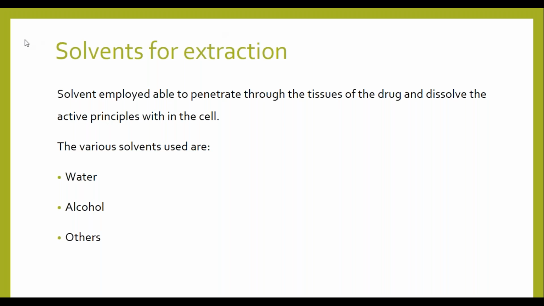Is it clear? The solvent we take for extraction should be able to penetrate and pass through the tissues of the plant, as well as dissolve the active principles present in these tissues. For example, in the previous example of tea, we take water and boil it so that there is effective extraction of the tea content from the tea leaves.